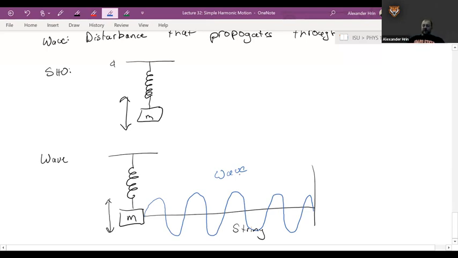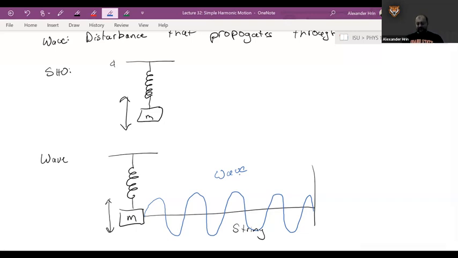So by virtue of the fact that the string is connected to this thing undergoing simple harmonic motion, that up and down, back and forth motion gets propagated throughout the medium, which is what we call a wave. We'll talk a lot more about waves, but that's basically what goes on.